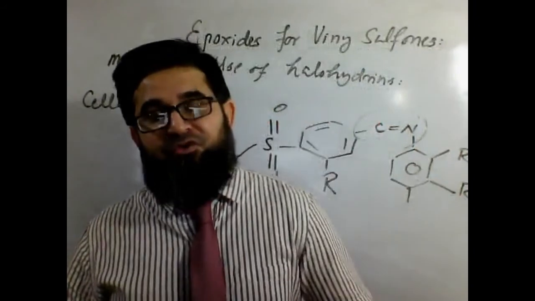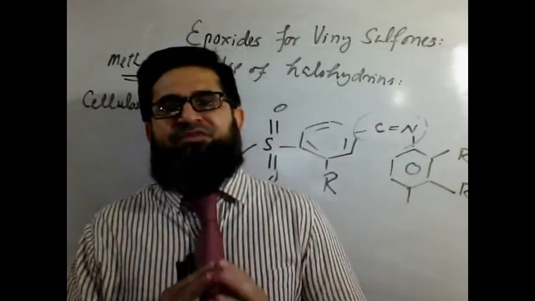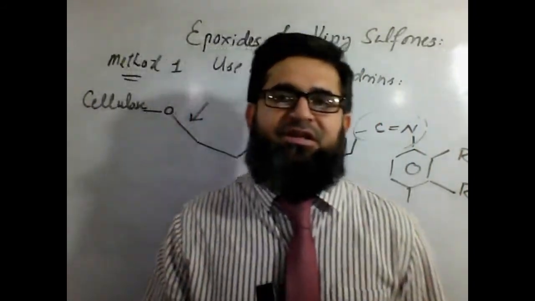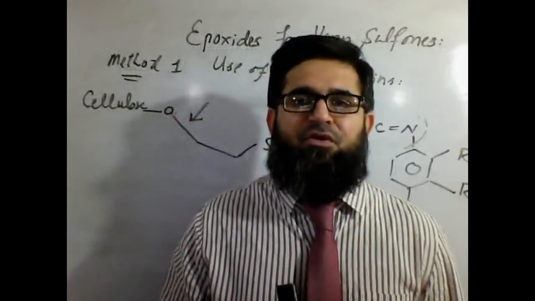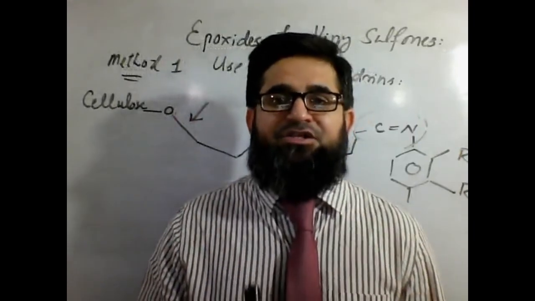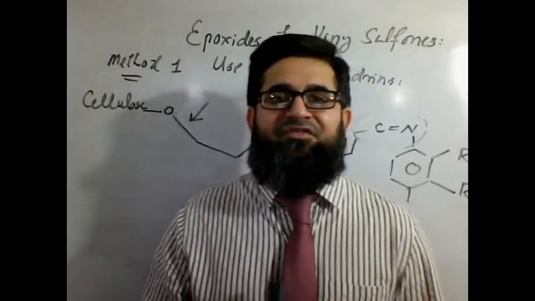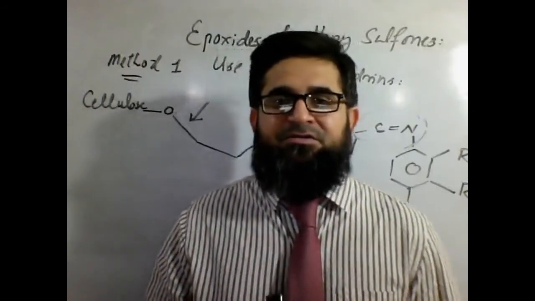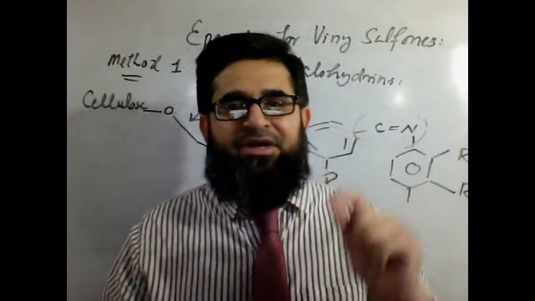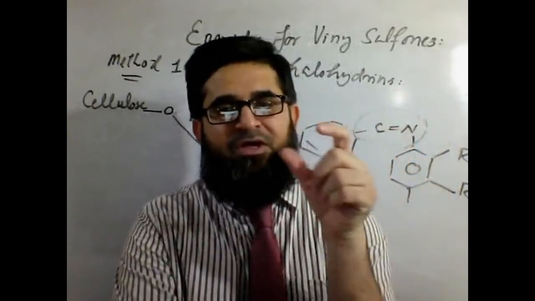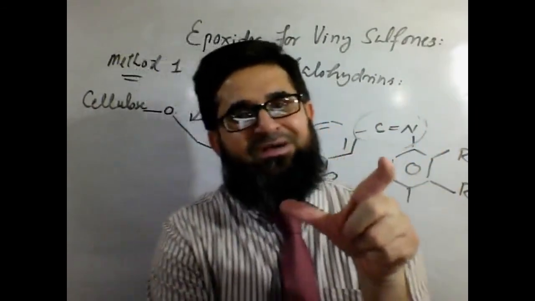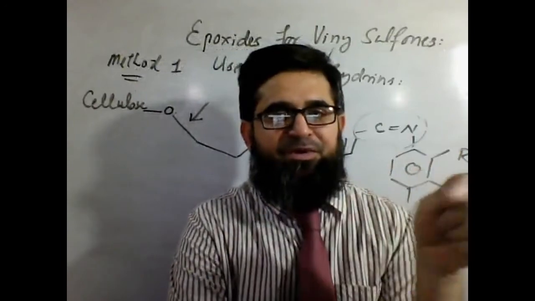Then I moved on to the types of reactive dyes. Initially I discussed reactive dyes based on cyanuric chloride. I explained how dye first reacts with cyanuric and then how cyanuric reacts with fiber, and how the cyanuric is called a linker between dye and the fabric.